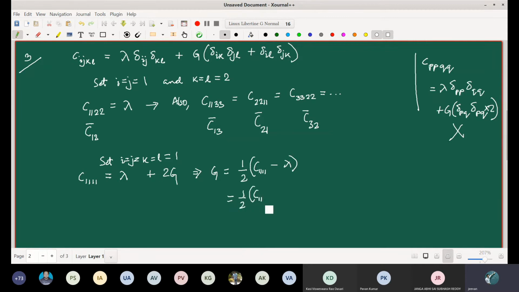So C1111 minus, let's say, C1122. In the corresponding Voigt notation, we'll have C11 bar minus C12 bar. Alternatively, we can have half of C11 bar minus C21 bar, or so many other expressions.